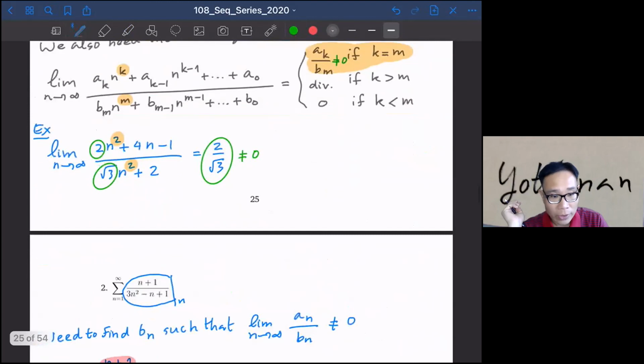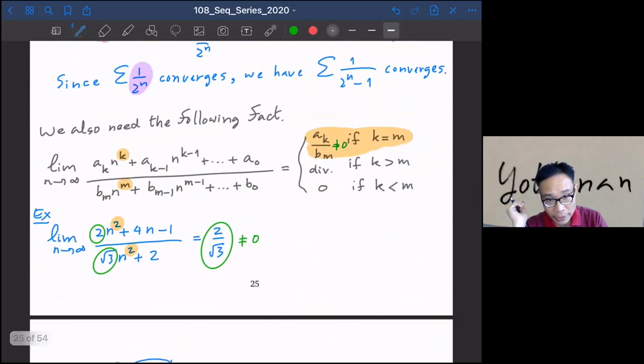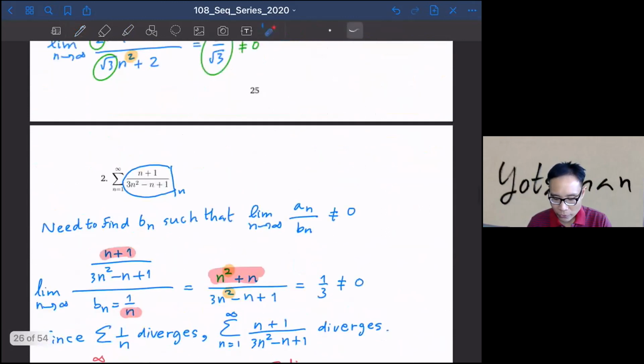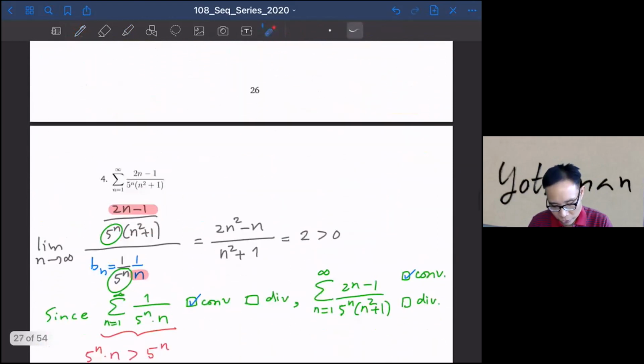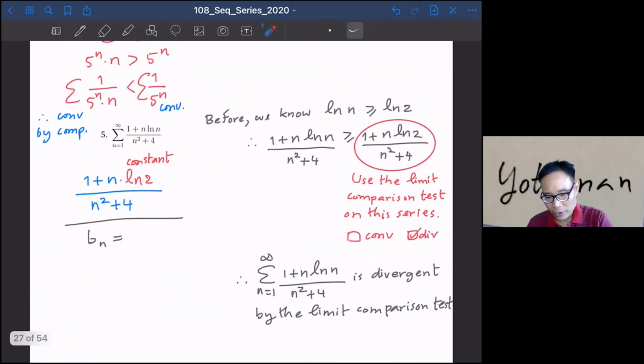In order to do the limit comparison test, you have to learn how to adjust the degree by using this fact, and you'll be able to solve it. Most of the time, it's not going to cause any problem. If you understand how to choose bn for limit comparison, it's not that hard to do. Okay, so I'm going to stop here.